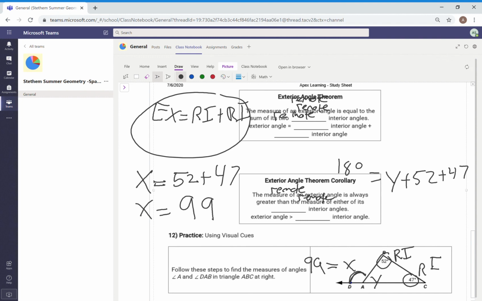I already did that addition over here. 180 will equal Y plus 99. Subtract my 99 from both sides. If I subtracted 100, that would give me 80, so this should be one more, or 81 is my final answer. So these are really all about addition and subtraction. We're going to work with these more tomorrow and practice with them then. All right. Have a good night.